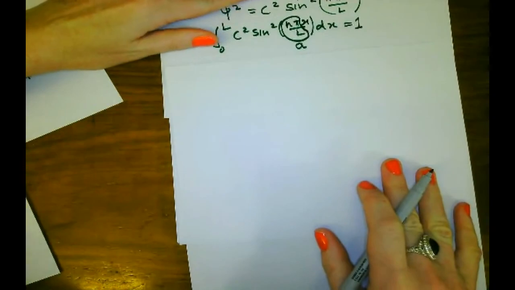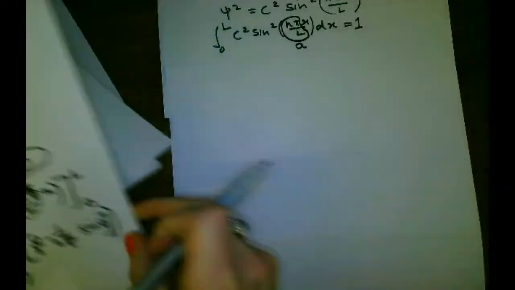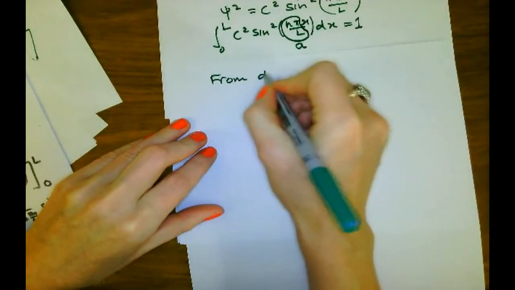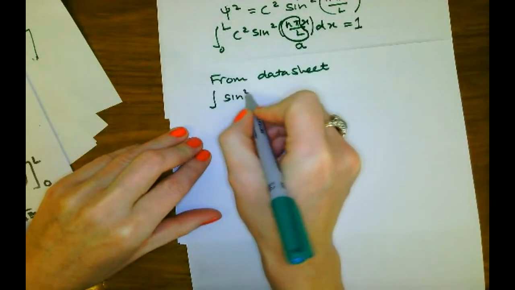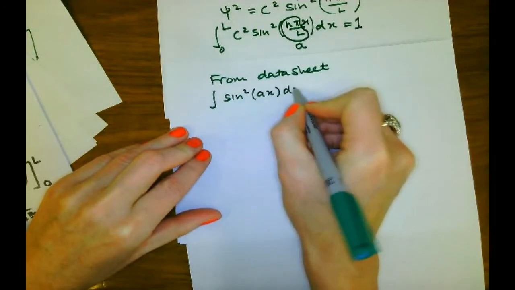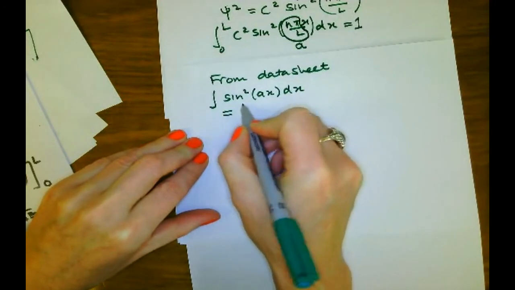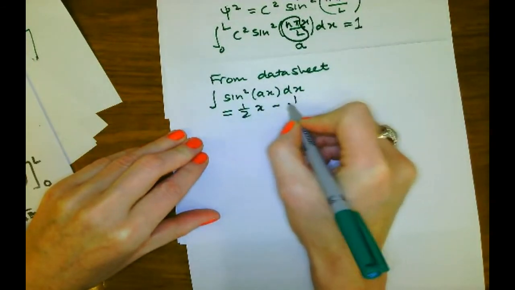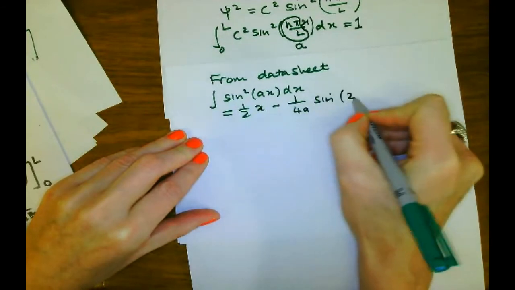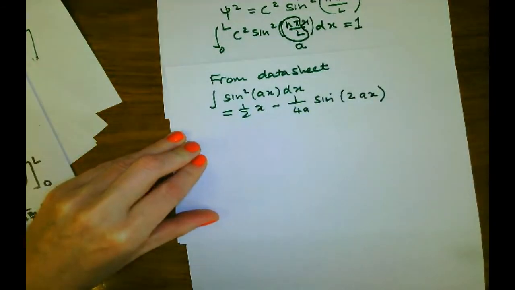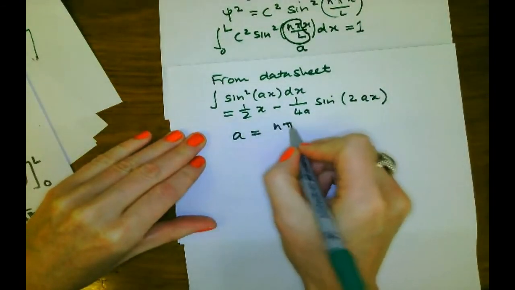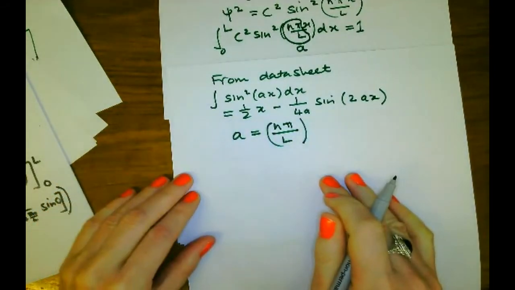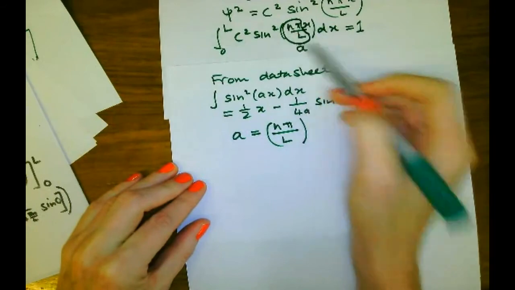So if we carry on using that, we can say from the data sheet that it is equal to half x minus 1 over 4a sine 2ax. In this case, our a is equal to n pi over L. So everything except the x is the a.